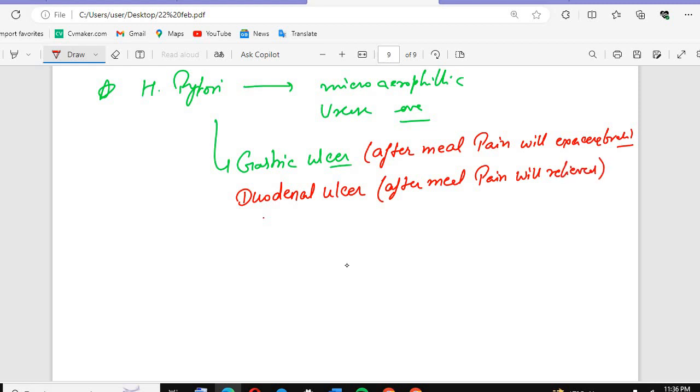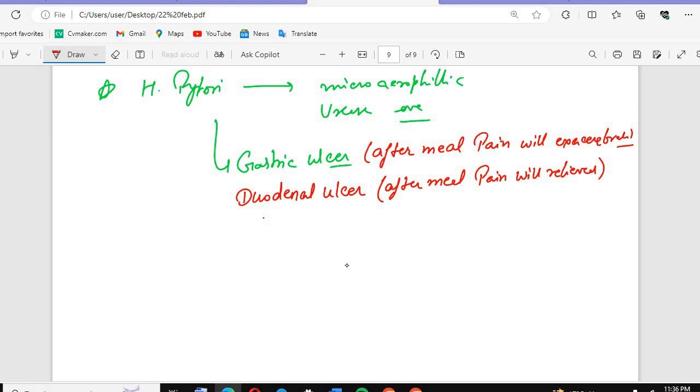When we take the meal, gastric HCl secretion will be there, and this acidic environment causes irritation on the mucosal layer, and that leads to the pain. In case of the duodenal ulcer, when we have food in the gastric region, it takes time to go from the gastric region to the duodenum.